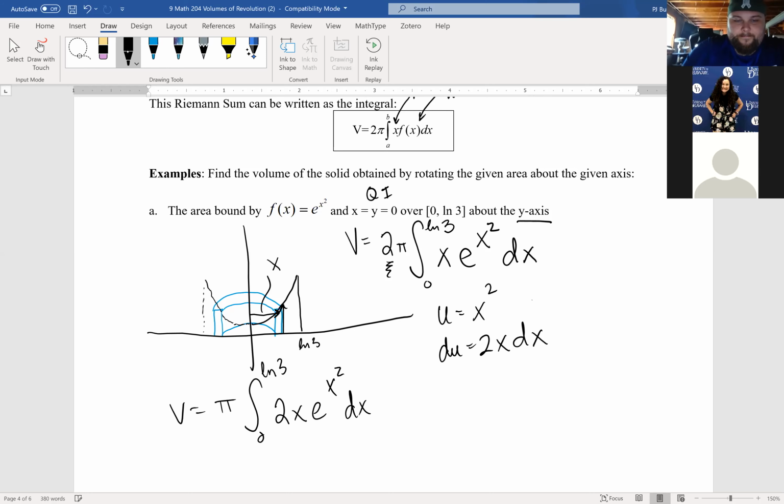And if you really want, we can write it next to the dx. So this is e to the u, and that's du.